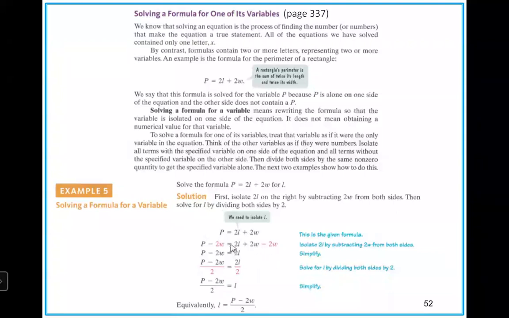So if you subtract 2W from the two sides, then you're going to end up with P minus 2W equals 2L. And then we want to move the 2 from the L. That's a multiplication, so you're going to divide. So you divide both sides by 2. And so now you end up with L by itself. So you could say L is equal to P minus 2W over 2.